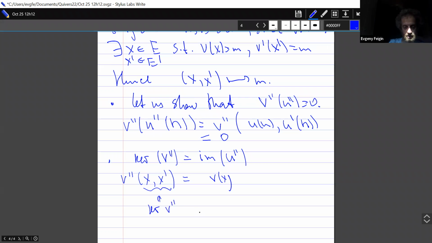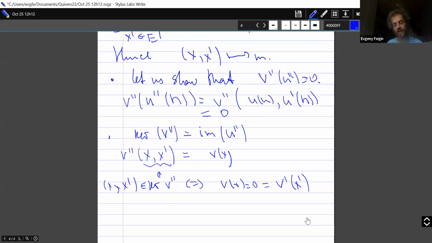So it's equivalent to saying that V of x is 0, and the same goes for V prime of x prime. And now we want to say that this pair can be covered by the image of U double prime.